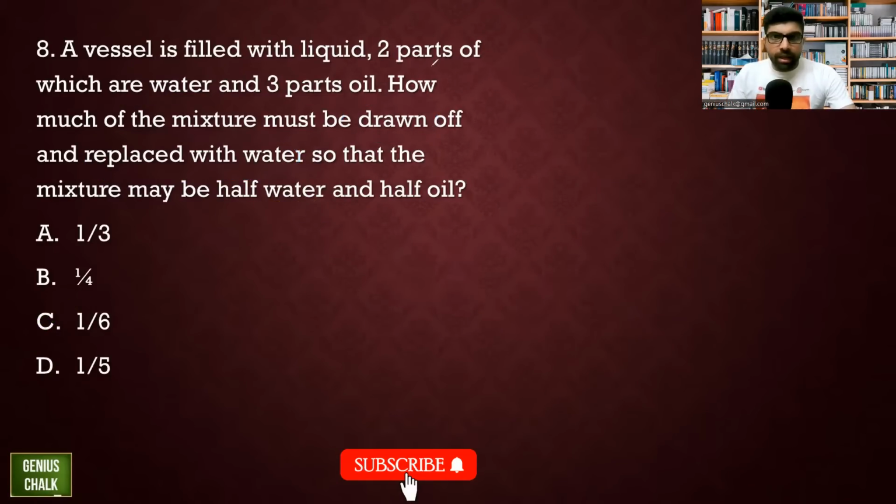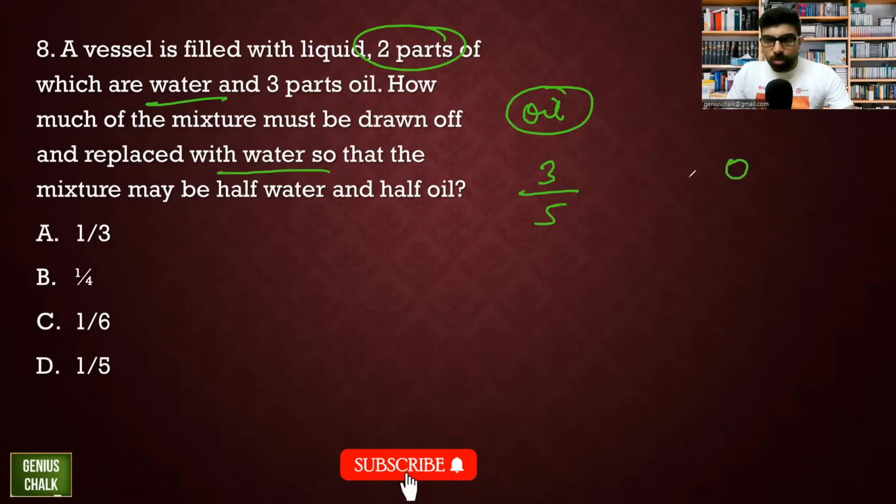Second method, alligation. 2 parts of which are water, 3 parts oil. If I take oil as my preference, 3 parts are oil out of 5, and I am adding water, so it should be 0. This is water, and overall half and half, 1:1. That means oil ratio will be 1/2 as well as water ratio will be 1/2.